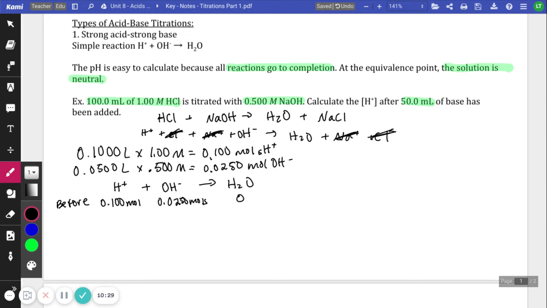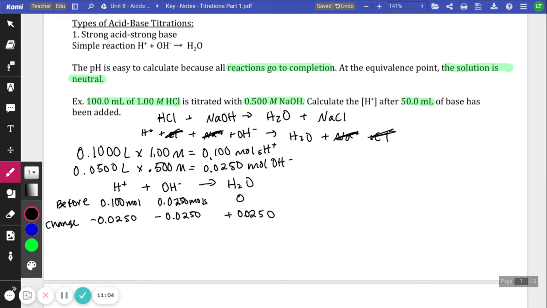All right, now my reaction is going to take place. I have less hydroxide here, so essentially that's going to be completely consumed, all of my hydroxide, just because I have less of it. So my change is going to be that I subtract 0.0250 moles of hydroxide. Because this is a 1-to-1 ratio, that's also how much of my hydrogen is going to be consumed, and that's how many moles of water we are going to produce.